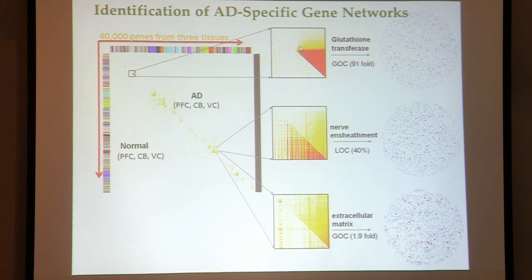For each module, we formally define what we call module differential connectivity, MDC, to define whether the interaction is gained or lost. Here you can see this particular module gains connectivity by 91-fold. But for the neuron-related module, it lost the interaction by about 40%. All this makes sense. And also for inflammation, we see increased interactions.